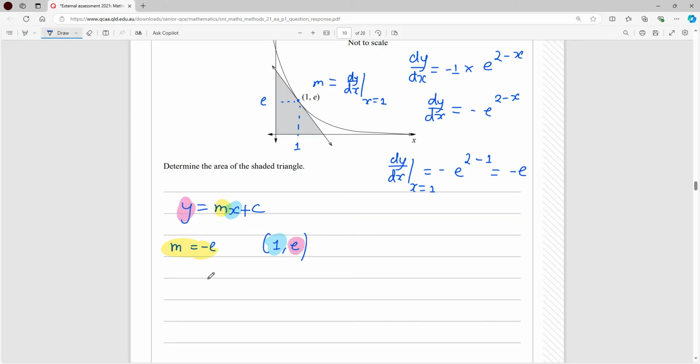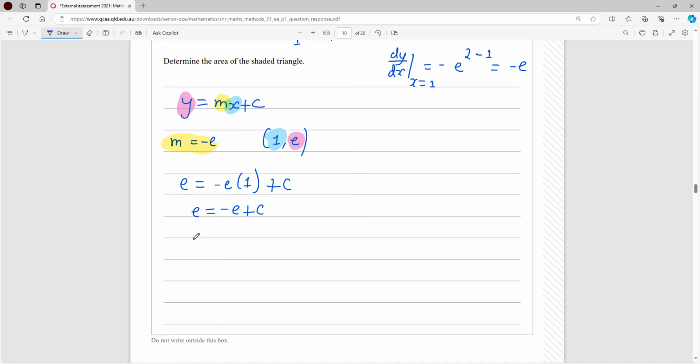So if we do that straight away, we'll have y, which we replace with e, equals negative e times 1 plus c. So here we have e equals negative e plus c. Move the e across by adding it to both sides, so you're going to have 2e equals c. Therefore, my line will be y equals negative ex plus 2e.